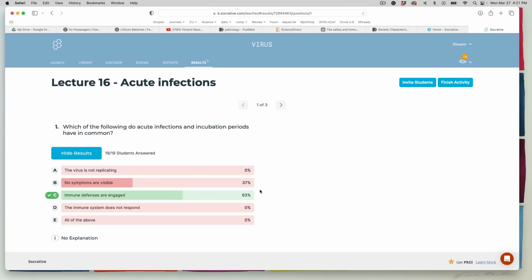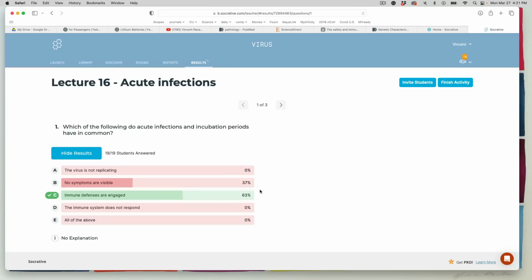Everything else is wrong. Let's go through it. The virus is not replicating. That can't be right. None of you picked it. Thank goodness, right? A lot of you picked just number B. No symptoms are visible. But an acute infection, at some point, you may have symptoms. So to say no symptoms are visible is not correct. Sometimes they're not if it's an asymptomatic infection.